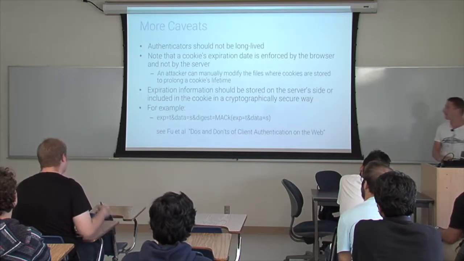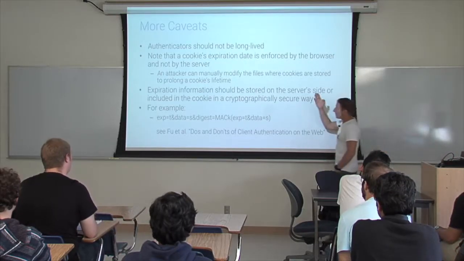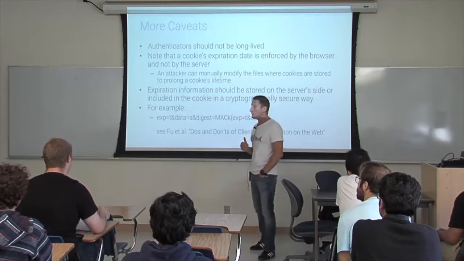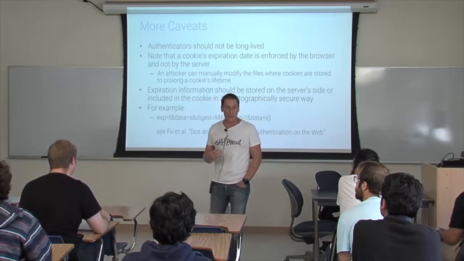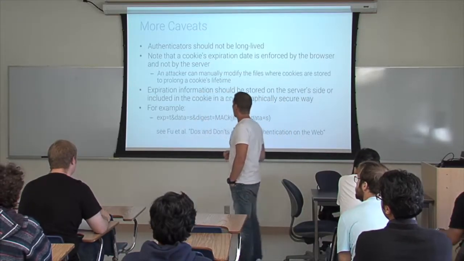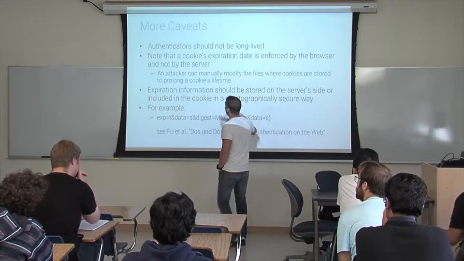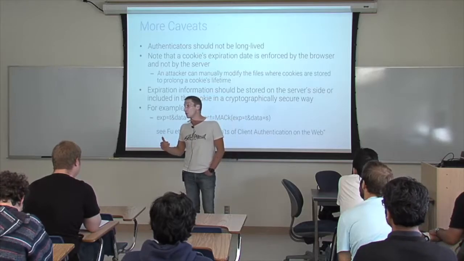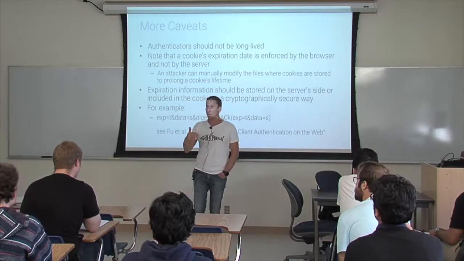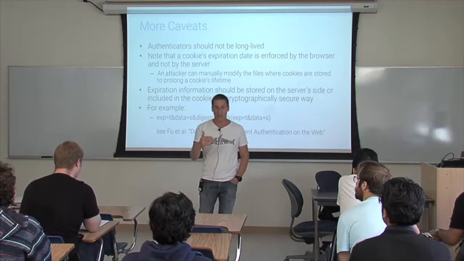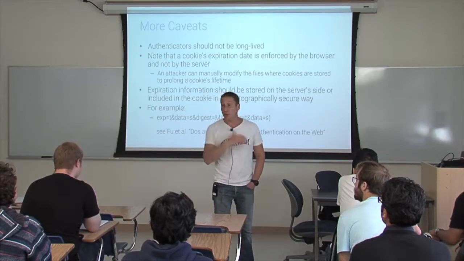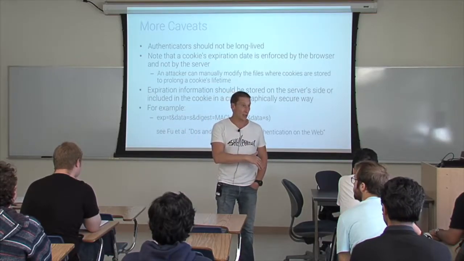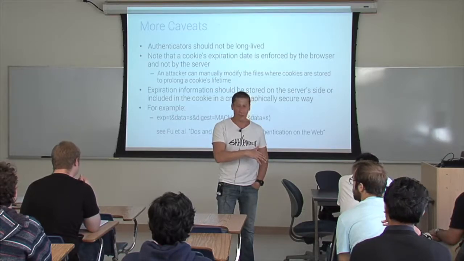Of course, another important thing is authentication should not be long-lived, so that if they're stolen, at least they will not be able to impersonate you forever. One thing that is important to understand, for cookies, remember there is an expiration date in the cookie when you set it. That is something that the browser uses in order to get rid of stale cookies.